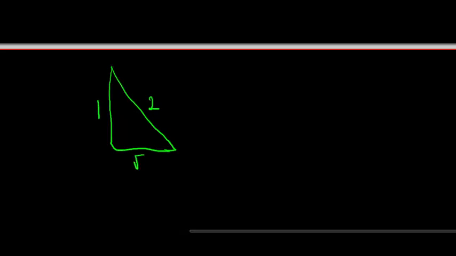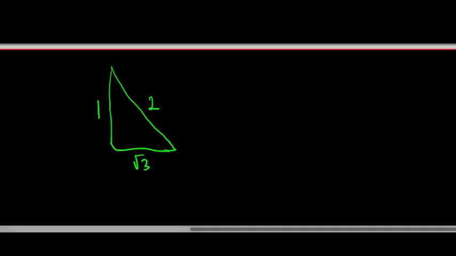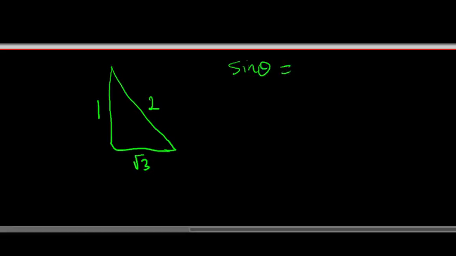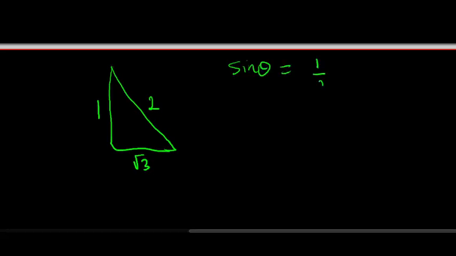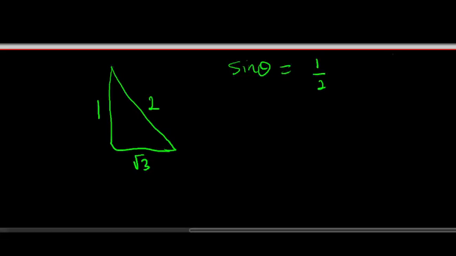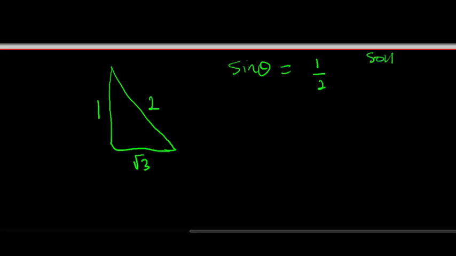This is 2, this is 1, and this is root 3. Good. So we are given that sin theta is 1 over 2. Don't forget SOHCAHTOA. Let me write it here so that we can use that.